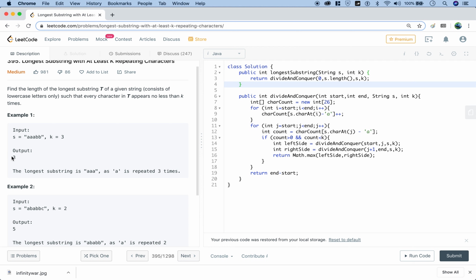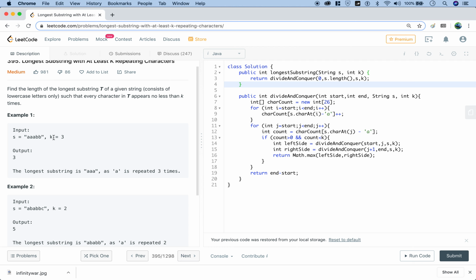Now the answer is 3 because there is only one such substring, AAA, that satisfies this requirement, because lowercase a appears at least 3 times. We can't have B be part of our string because there are only 2 B's, which is less than k.